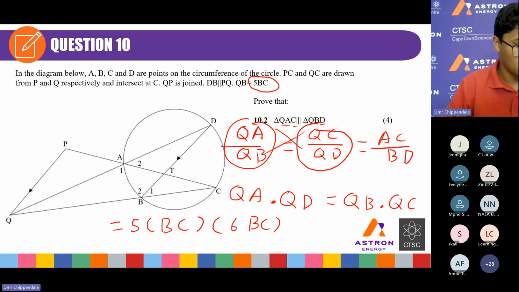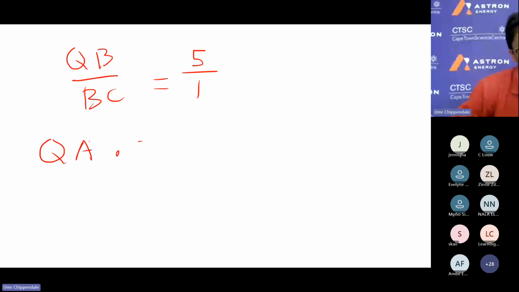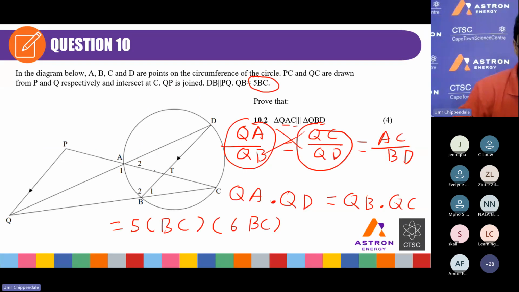So let's move on to the next slide. We have our QB over BC is equal to, how much is it? 5 over, that is only 1 of it, right? It's only worth 1. That's where we get our 5. So then we say our QA times our QD is equal to, how much will this be together? As we brought over, we inverted.